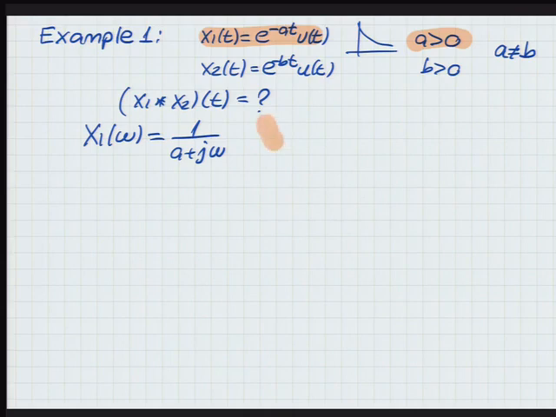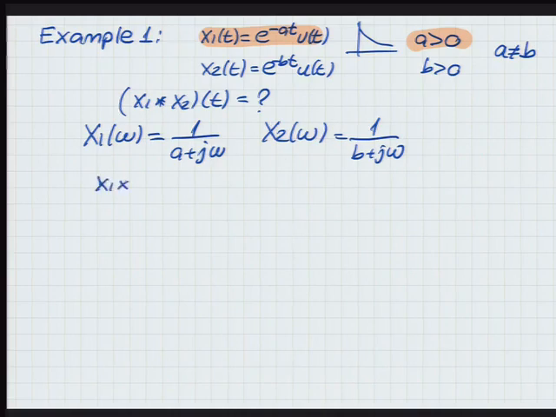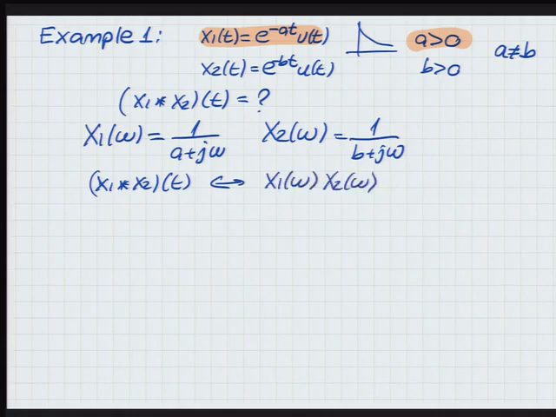Similarly, X2 of omega is 1 over b plus j omega, right? Because b is positive. So I know that x1 convolved with x2 has a Fourier transform that is the product of these: 1 over (a plus j omega)(b plus j omega), when I multiply them.